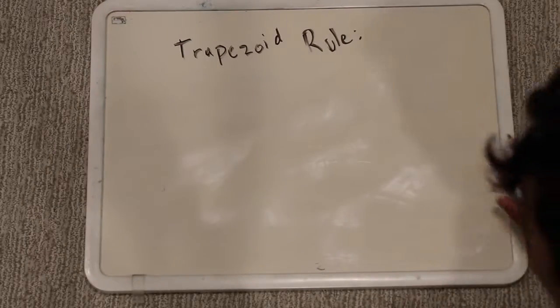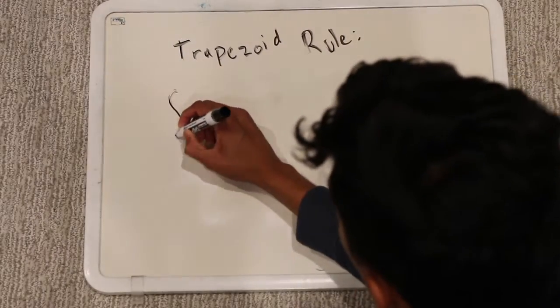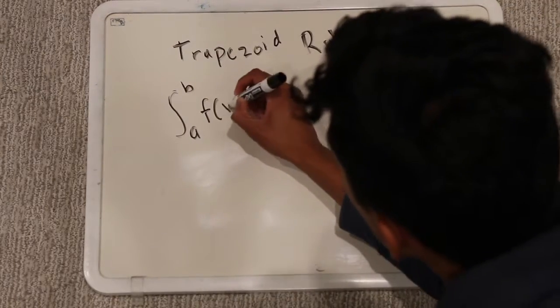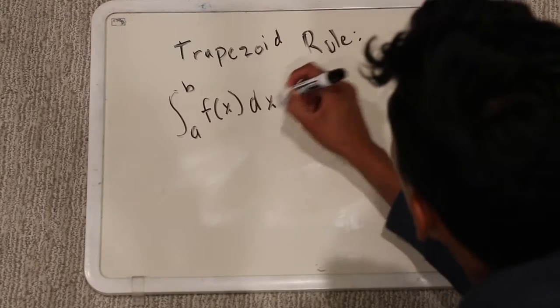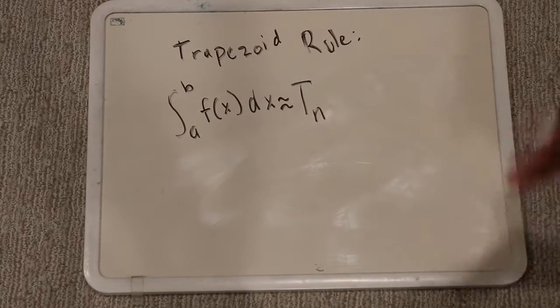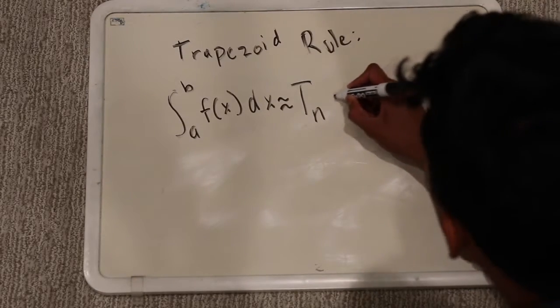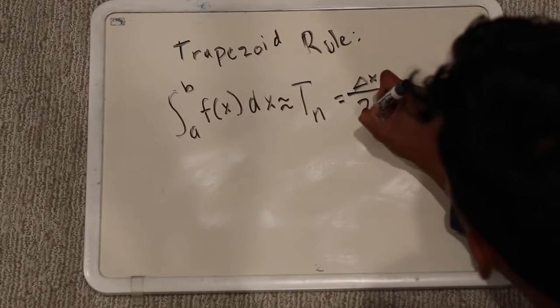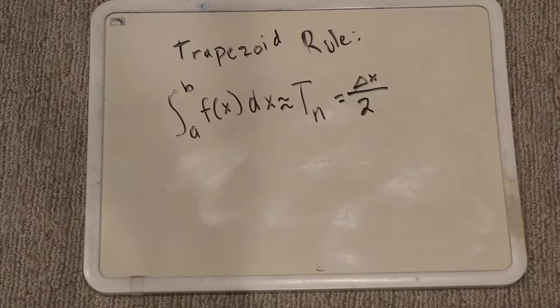So let's look at it this way. We can see that the integral from a to b of f of x dx is approximately T_n, where n is the number of trapezoids, equaling delta x over 2. Now delta x is essentially that height aspect of our equation, and because we want it to always be constant, this will always be constant, right?